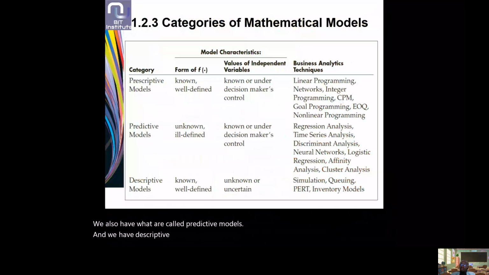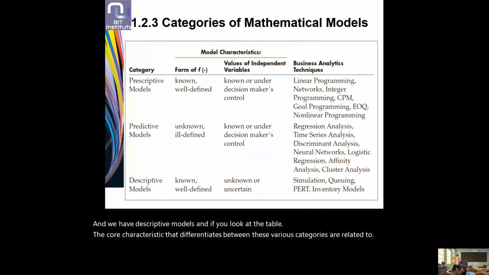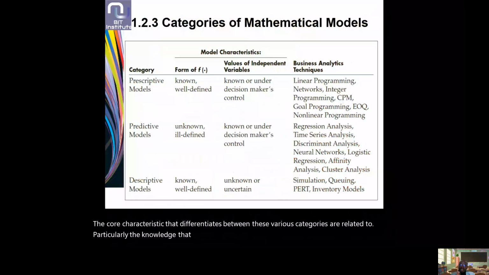If you look at the table, the core characteristics that differentiate these categories relate particularly to the knowledge that the decision maker has of the functional relationship between the variables. That's the first column: what is the form of the functional relationship?